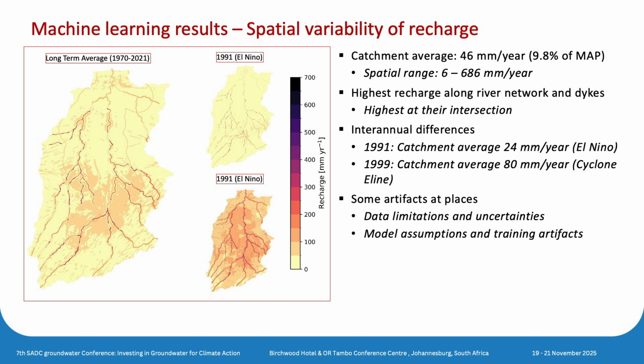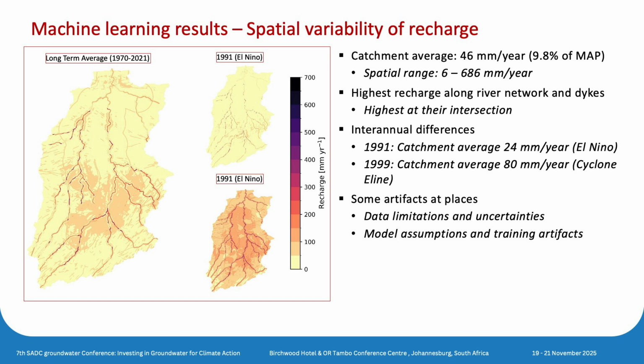However, it is subject to a large spatial variation, as you can see here. At places it's 6, at other places it's extremely large due to the impact of focused recharge. Also shown on the map, you can see that the highest recharge occurs along the river network and the dikes, and the highest at the intersection.